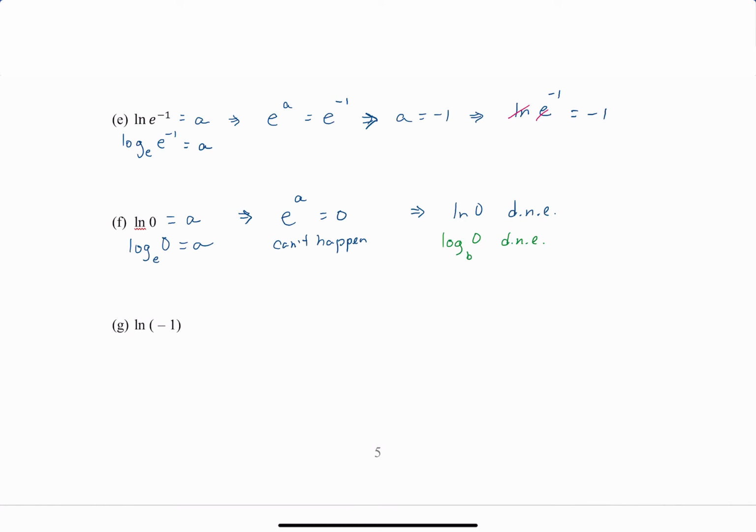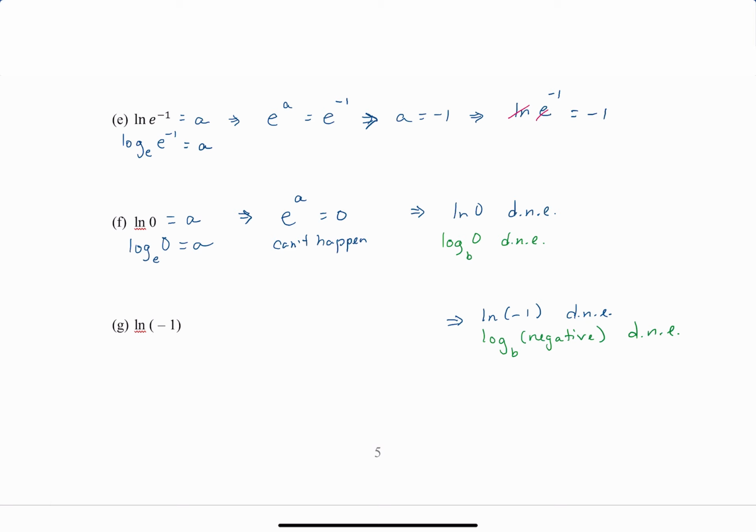What about the natural log of -1? What did we say about taking logs of negatives? Yeah, we said we can't do that. So ln of -1 also does not exist because, as we observed above, it doesn't matter what the base is, you cannot take the log of a negative number. So I'll write that out to be more general. Log of a negative just doesn't exist.